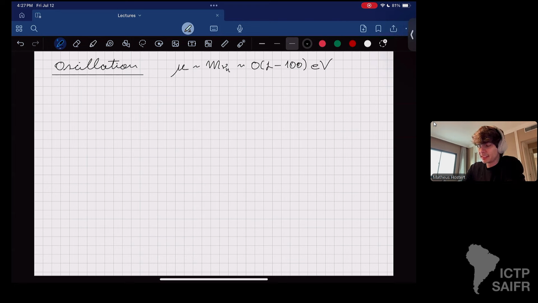When that's the case, there is a new mass splitting in nature, in addition to delta m squared 2,1 and delta m squared 3,1 that you heard about from Pedro. Now there is also a delta m squared 4,1. And this thing, given this range that I told you about, can be anywhere between 1 and 10 to the 4 eV squared. 10 to the 4 is pushing a little bit, but still relevant for our discussion.